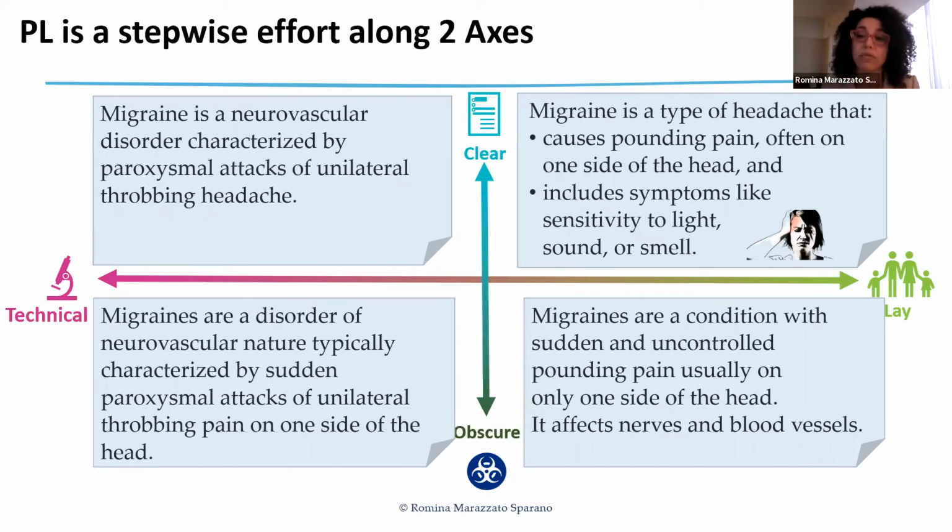That's perfectly fine for the medical community. But then instead of going directly to the lay version through an obscure approach, we can go from this clear technical version to a clear lay version by unpacking these different elements.